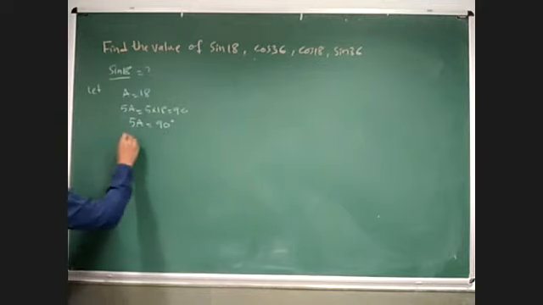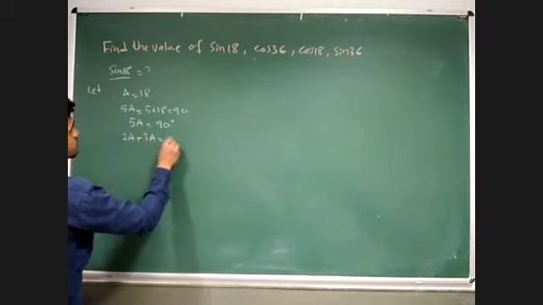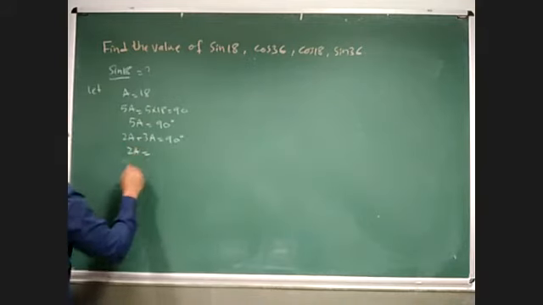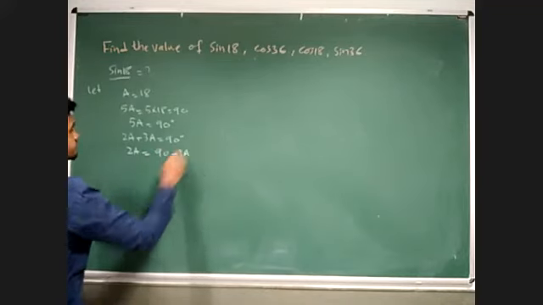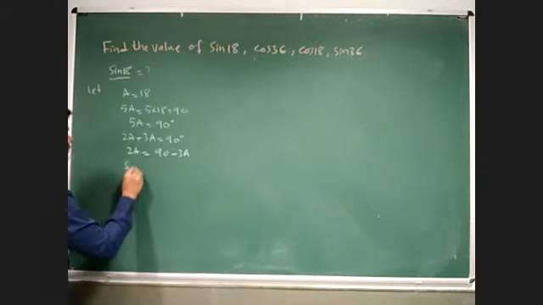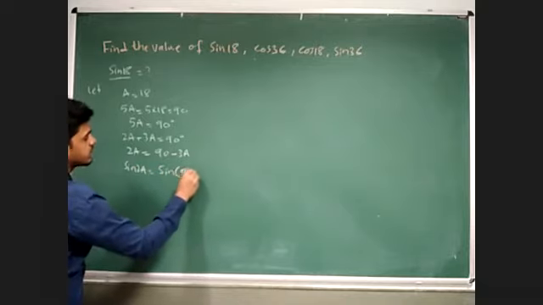I can write 2A plus 3A is equal to 90. Now I can write 2A is equal to 90 minus 3A. Applying sin on both sides, sin 2A is equal to sin of 90 minus 3A.